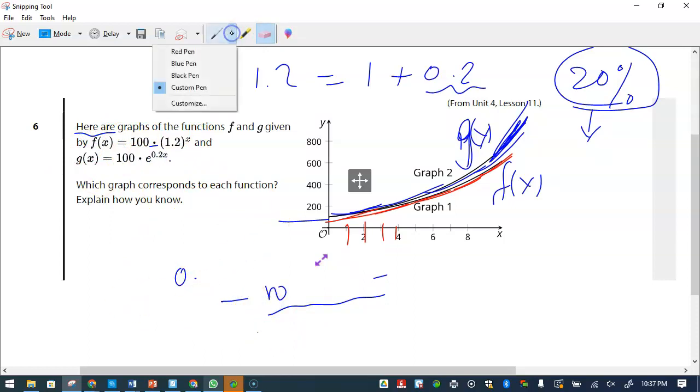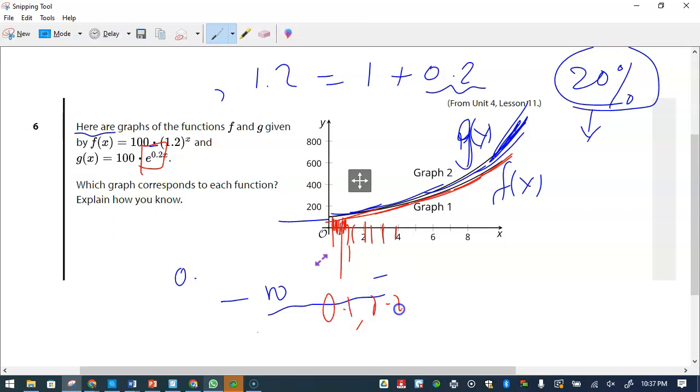What does this e basically mean? It doesn't do it every just 1, 2, 3, but it does it every moment. It's growing faster. It's not just one. It's like 0.1, 0.2, and like that. So that's why you see this one growing faster.